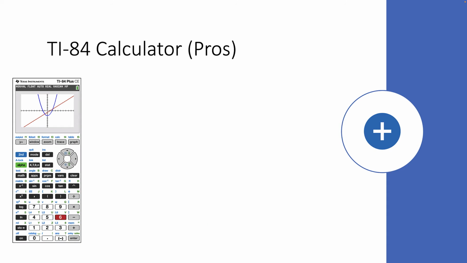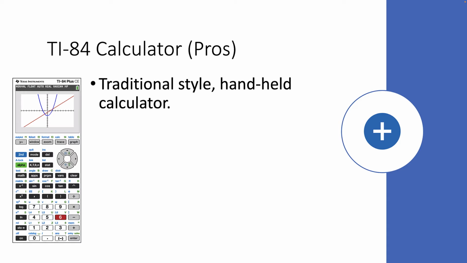Let's start by looking at some pros of the TI84 calculator. The TI84 graphing calculator is built off of a traditional handheld style calculator. So if you've used even a 4-function calculator, add, subtract, multiply, and divide, you'll probably be comfortable doing the basic arithmetic on this calculator. Now you'll just have to learn how to use the graphing menus.